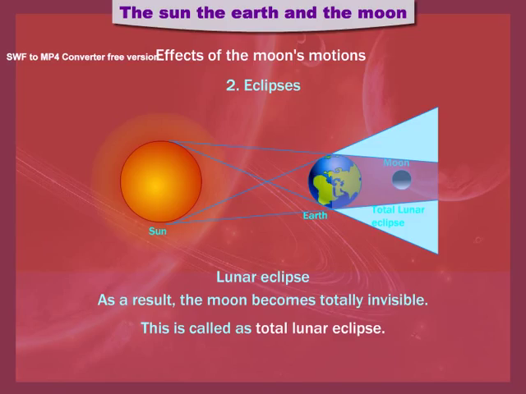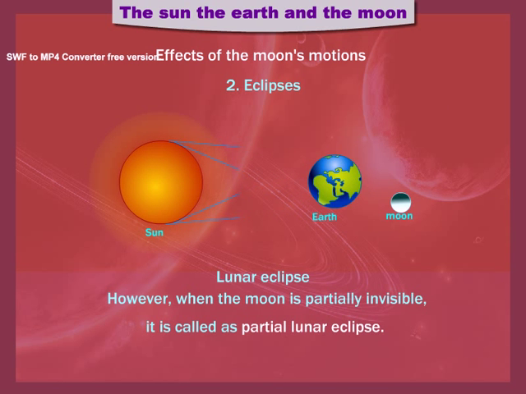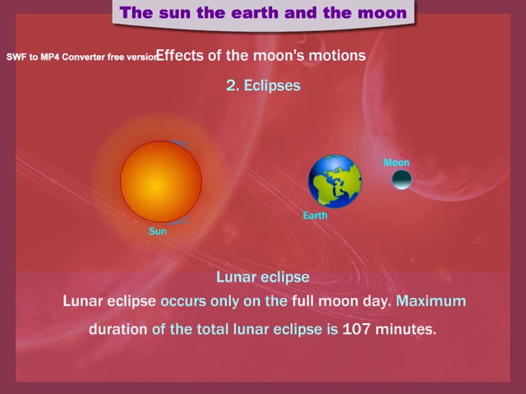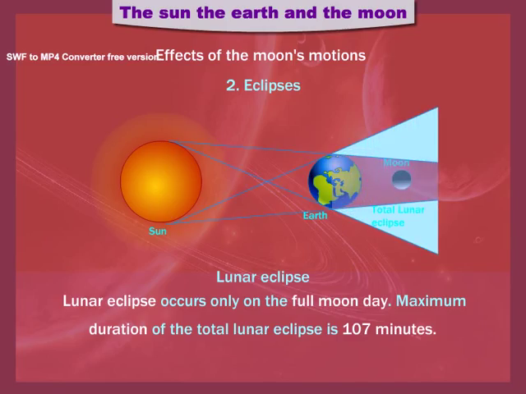This is called a total lunar eclipse. However, when the moon is partially invisible, it is called a partial lunar eclipse. Lunar eclipse occurs only on the full moon day. Maximum duration of the total lunar eclipse is 107 minutes.